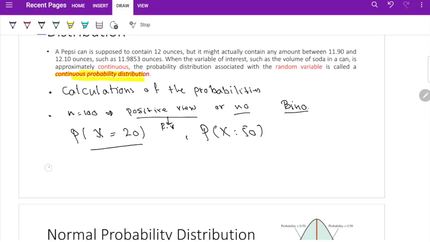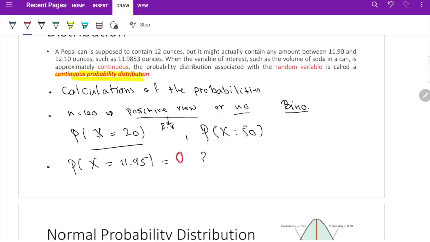However, in the Pepsi example, if I ask you what is the probability that a Pepsi can contains 11.95 ounces? That is going to be 0, simply.